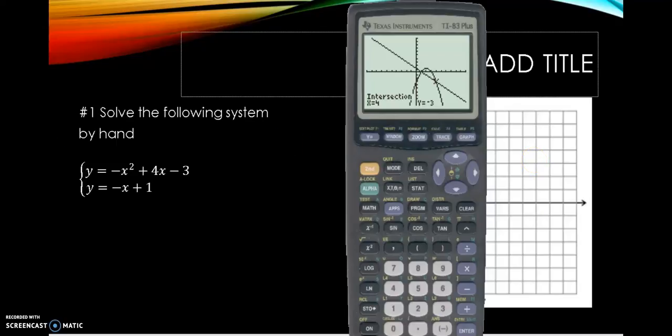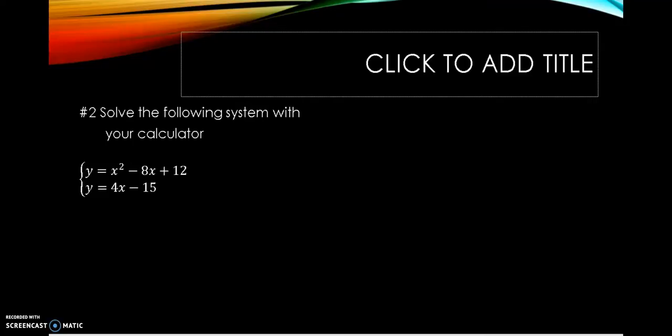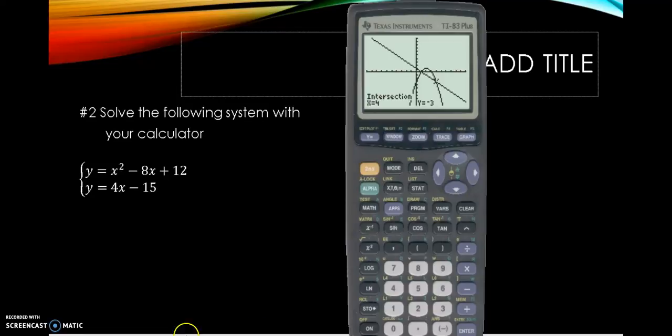Let's take a look at the second equation here that we have. And we're going to do this one with our graphing calculator. And so I'm going to go ahead and get rid of these equations. I'm going to clear them out and enter my new equations. So the first equation is x squared minus 8x, and it's important to hit the minus sign, not the negative sign.